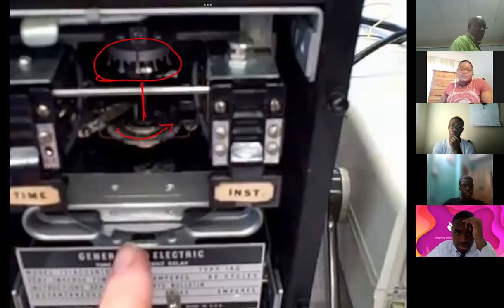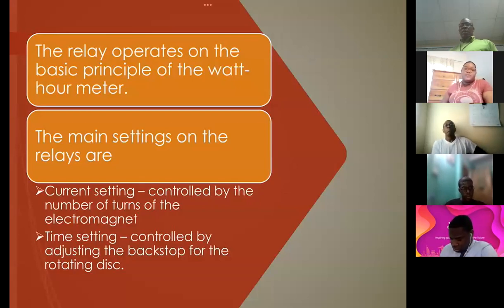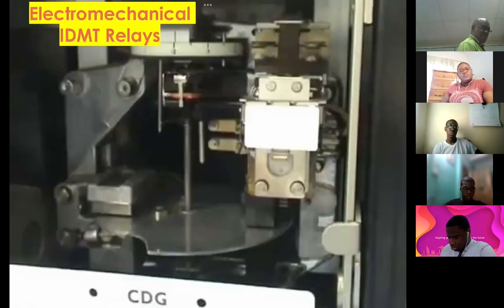Anyway, this is what it looks like. Let me go back to the point though. We already said it, so it's nothing new. We know that the electromechanical relay works like the watt-hour meter. The larger the current, the faster the disk is going to turn, right? So you have the disk, which is going to turn much faster the higher the current.